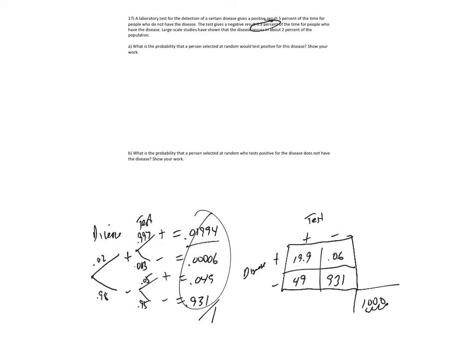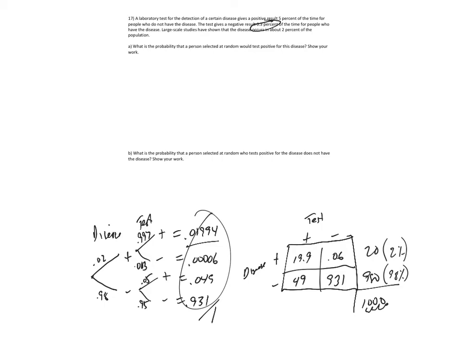And as we go down here, we would expect this number to be 980 roughly. This would be 20 roughly, even though it rounds out a little higher than that. And that represents the 2% out of 1,000 who have the disease, and the 98% out of 1,000 who do not have the disease. So just converting it for ease.